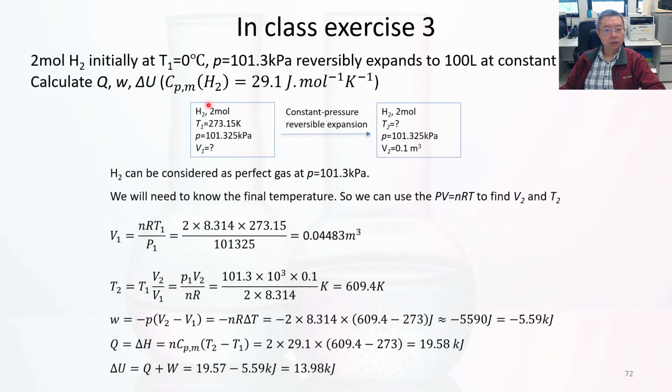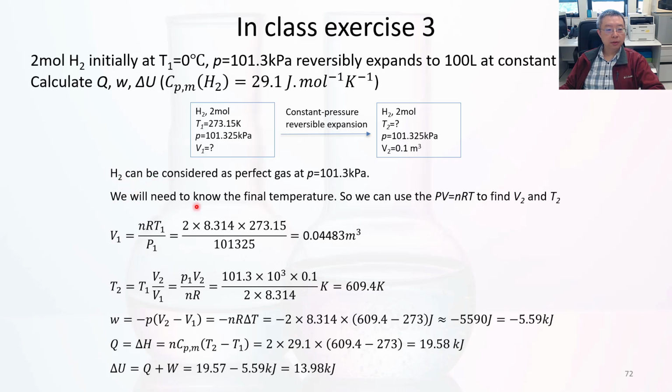What I do is I always write down all the initial conditions: hydrogen 2 moles, temperature given to me, what is the pressure, and then the volume. It doesn't give me the pressure, but it gives me the volume. Because this is a perfect gas, I can calculate the P, and T is actually given, right?